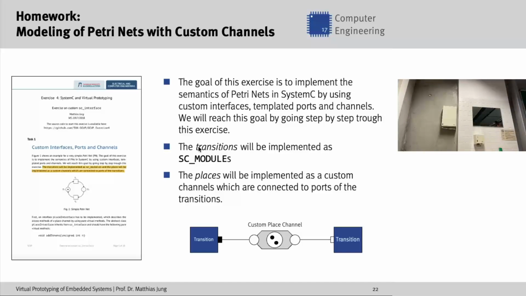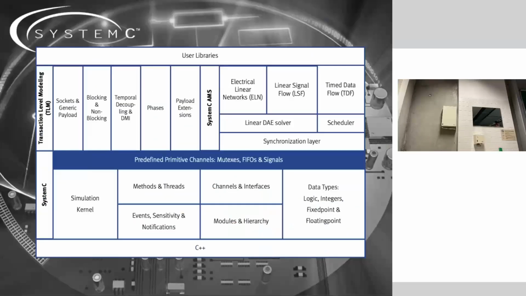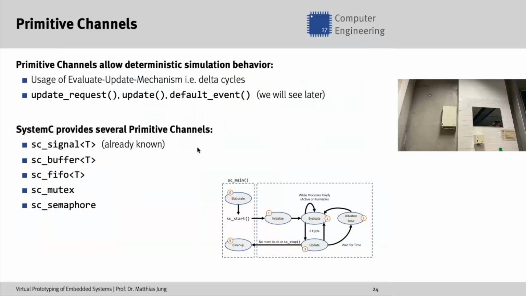try at least to get the idea now of the primitive channels. So that's the next topic. We stay here on the SystemC base layer, but there you see predefined primitive channels: mutexes, FIFOs, and signals. I want to explain this to you also. We have seen that we have these indirect waits, and we want to get rid of that.